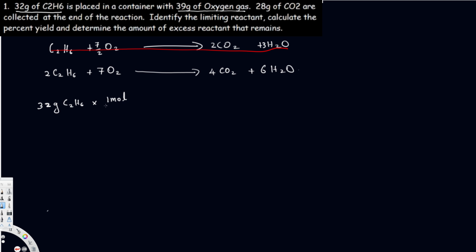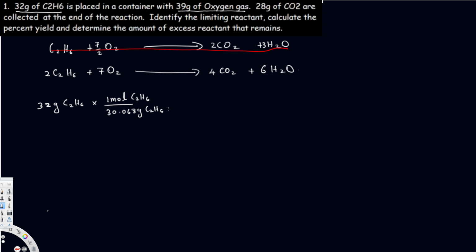The molar mass for C2H6 is 30.068, so in 1 mole of C2H6 we have 30.068 grams of C2H6. This is the ratio we are going to use. And if you notice, gram C2H6 cancels, and that's going to give us the unit of mole. That's the important thing.